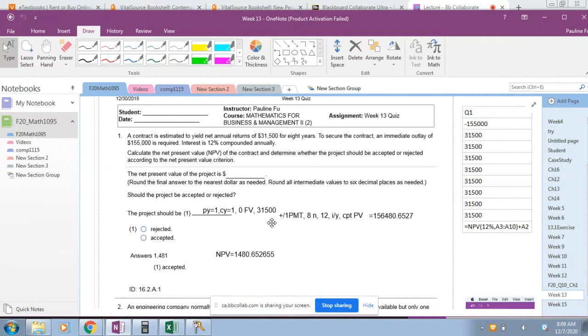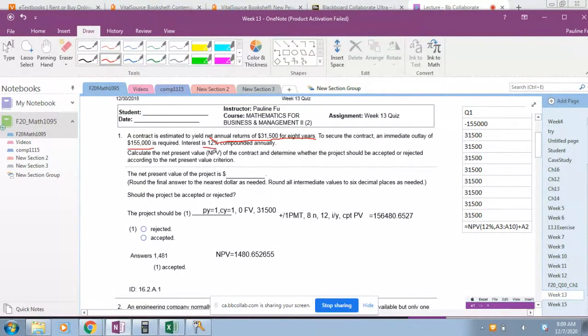So I'm going to do some questions from chapter 16. The first question: a contract is estimated to yield net annual return of 31,500 for 8 years. To ensure the contract, an immediate outlay of 155,000 is required.